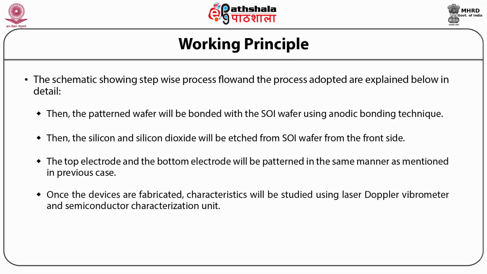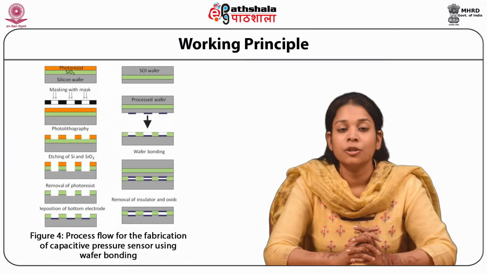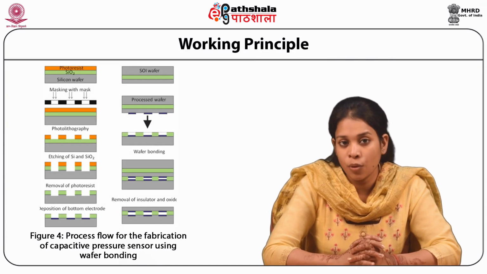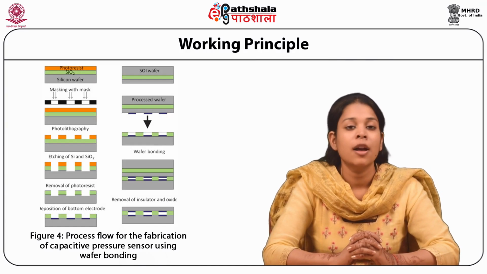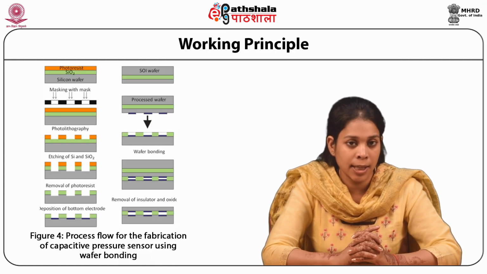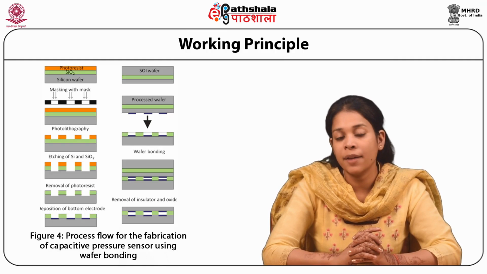Once it is fabricated, the characteristics will be studied using laser Doppler vibrometer and semiconductor characterization unit. So devices at the end were prepared, diced and packaged. So students, we have already discussed the process flow for the fabrication of capacitive pressure sensors using the wafer bonding technique and SOI wafers.